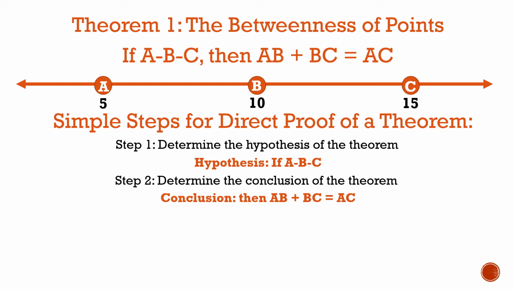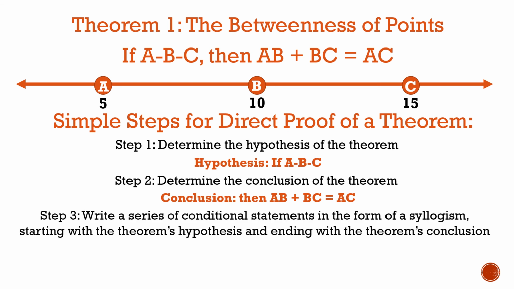Once you've done those two things, then you're ready for step 3, which is where you're going to write a series of conditional statements in the form of a syllogism. And you're going to start with the theorem's hypothesis and end with the theorem's conclusion. And the whole idea here is that you're trying to prove that this is logically true using math facts.